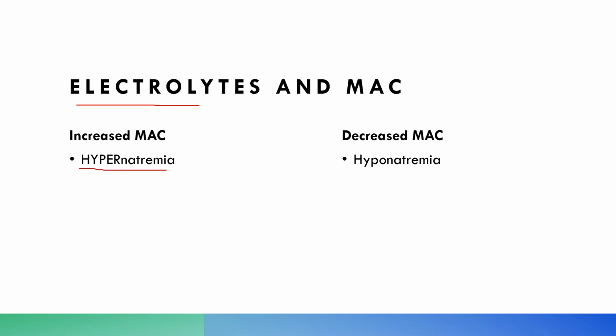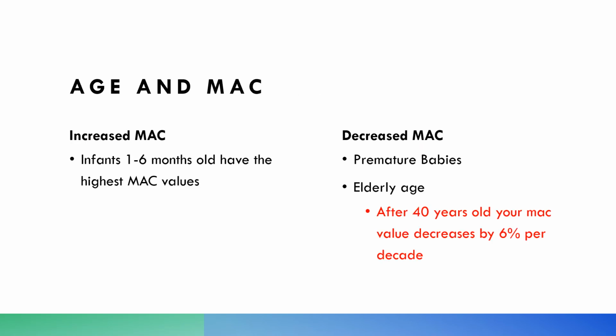So hypernatremia is going to increase our MAC. Hyponatremia decreases MAC. When we think about this, a hypernatremic state allows our nerves to depolarize quicker, which places them in an increased sensory level type of mode. So it's going to take a little more anesthetic to anesthetize these patients.